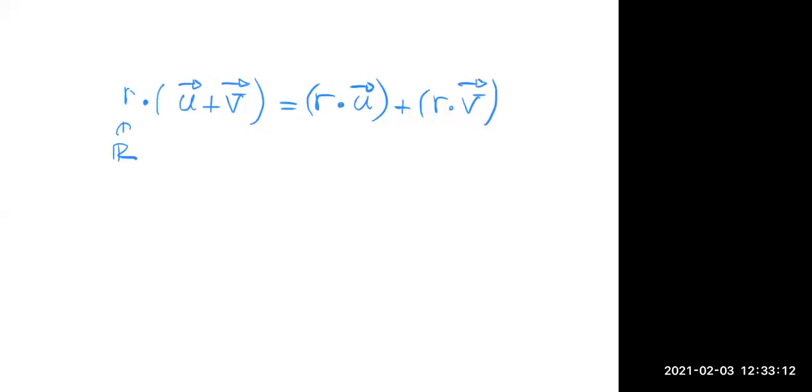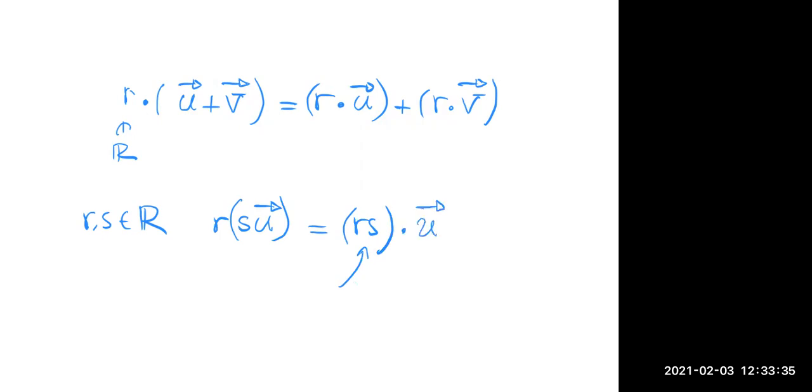And also, if I take two real numbers, say r and s, and if u is a vector, then r times su is supposed to be equal to rs, which is a multiplication as elements in our field, multiplied by u. Let's see if these two properties of vector spaces hold here or not. Okay, think about that for a minute.